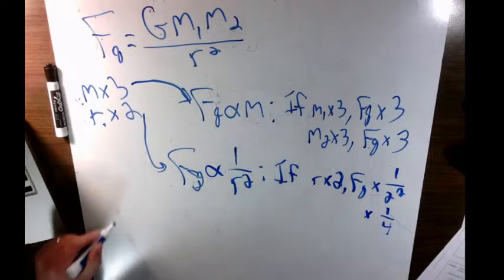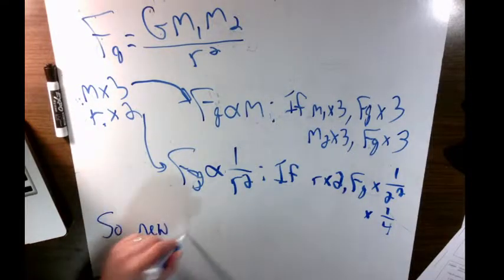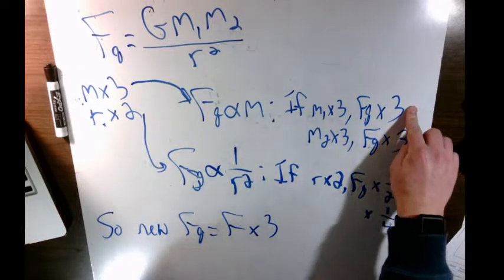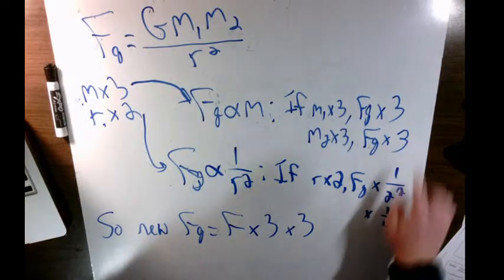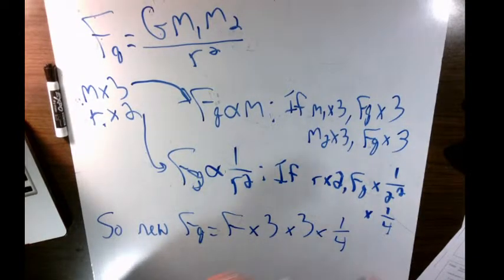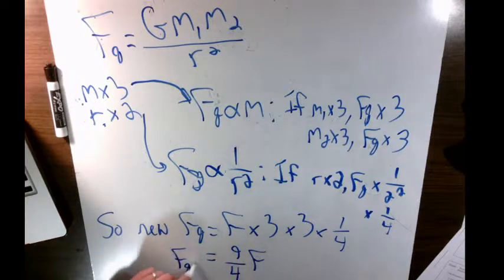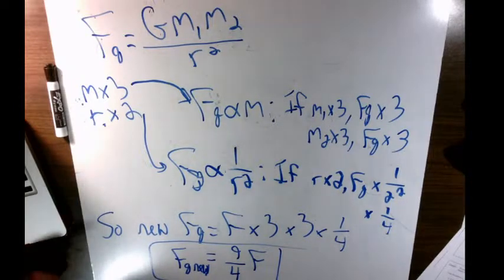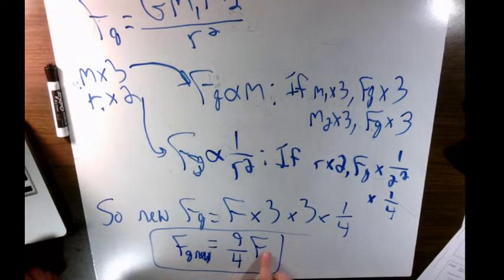So our new force of gravity is equal to our original times 3 from the first mass's increase, times 3 from the second, times 1 over 4 from the radius. So if we started out just with unknown F, we're ending up with 9/4 of that starting F. So our new force of gravity after our masses have been tripled and our distance doubled is 9/4 of our starting force. And that's all we got.